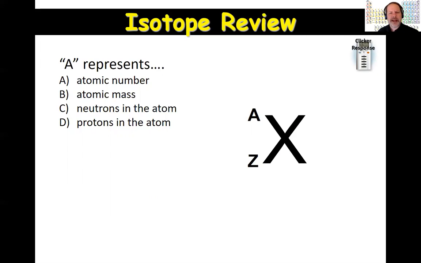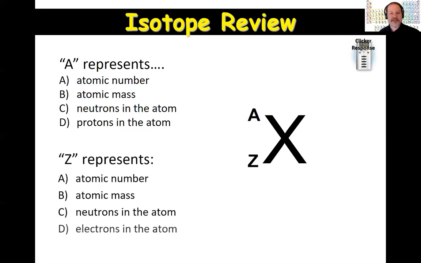What is A, and what do you think Z represents? Atomic number, atomic mass, neutrons, protons, electrons? What do you think? Okay, A represents the atomic mass. So when we said cesium-137, you could write 137 in there for the atomic mass. What's Z?